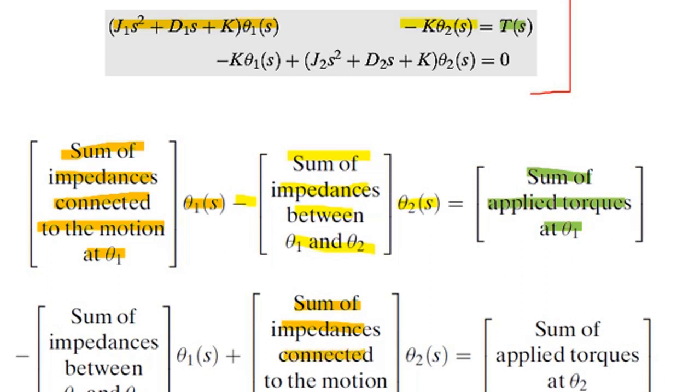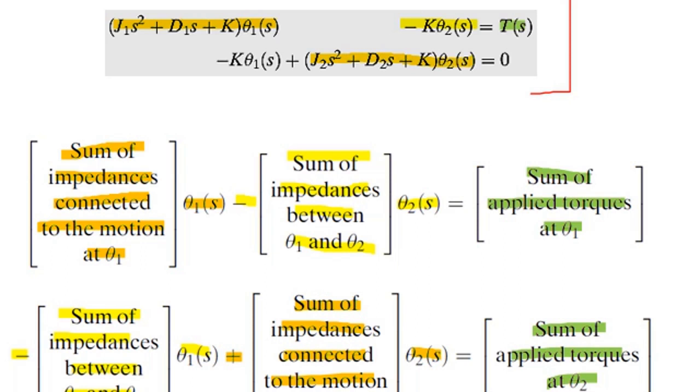Now coming to second equation, which belongs to second test point theta 2. Sum of impedances connected to the motion at theta 2 multiplied by theta 2 of s, subtracting sum of impedances common between theta 1 and theta 2 multiplied by theta 1 of s, will be equal to sum of applied torque at theta 2.